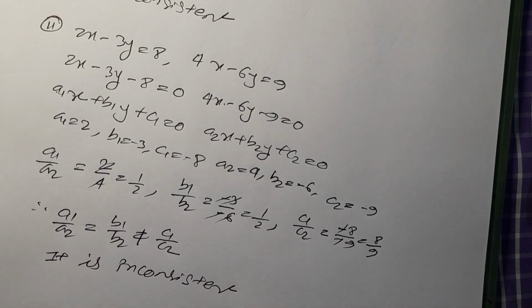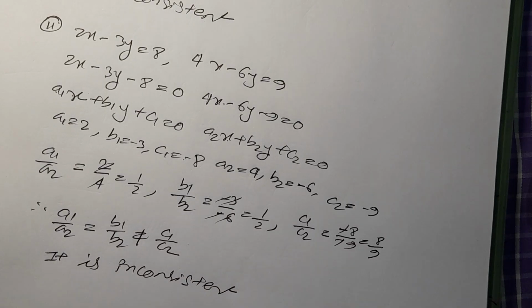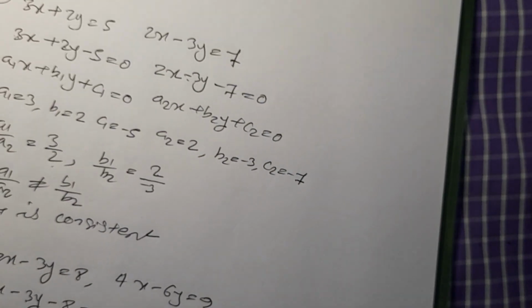Next question, question number 3. This question is a little bit complicated, not that much. Whenever the question is in the form of fractions, we have to remove the fractions. So question number 3, Roman number 3.